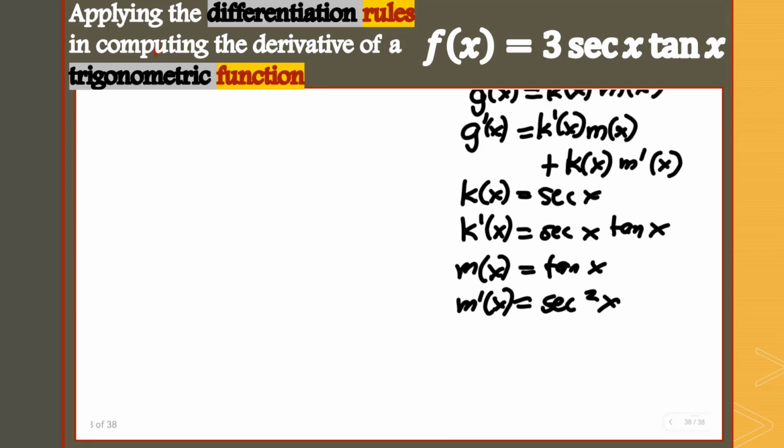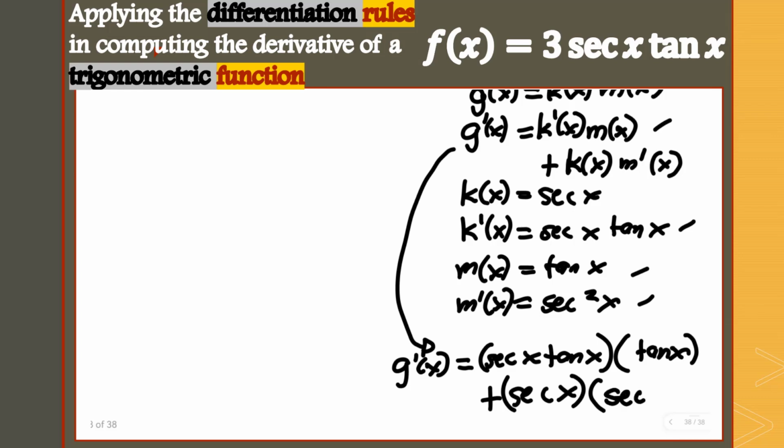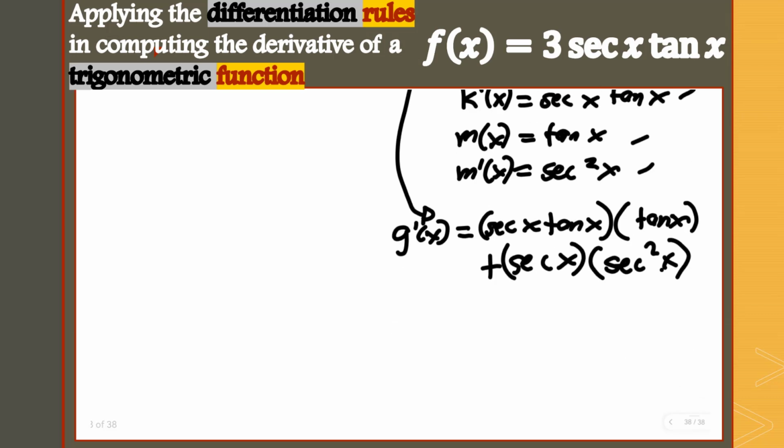In short, our g prime of x is k prime of x, secant x tangent x, times the second function, tangent x, plus the first function, secant x, times the derivative of the second function, which is secant squared x.